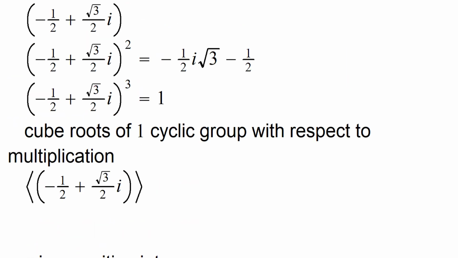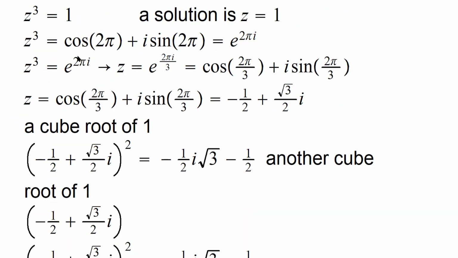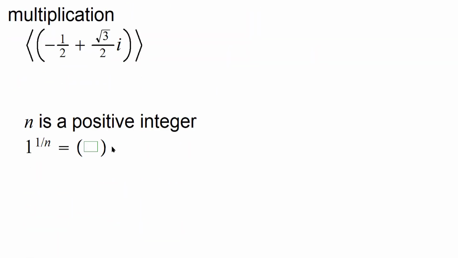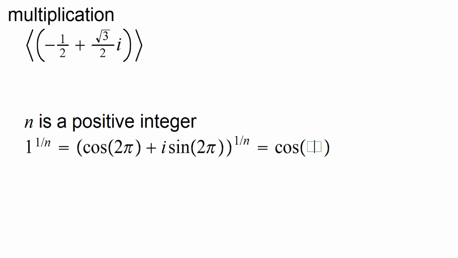Let me just copy it, that will be faster. Here we got simply 1 over n. So this is going to be cosine of 2 pi over n plus i sine 2 pi over n, right?